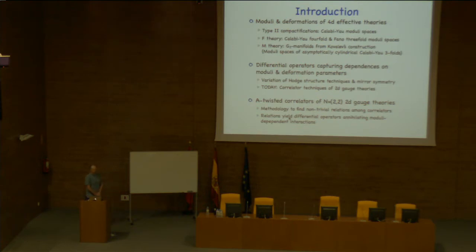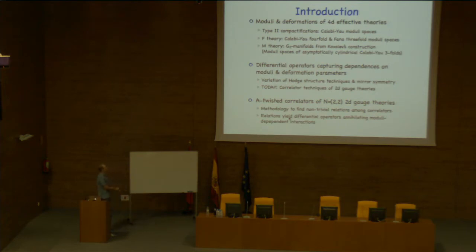So what I would like to do is compute differential operators that capture certain moduli dependencies by correlator techniques. Standard, very powerful techniques to do so are variation of Hodge structure techniques, in particular in combination with mirror symmetry. And what I would like to tell you today is some alternative approach, which sometimes turns out to be computationally quite easy to achieve.